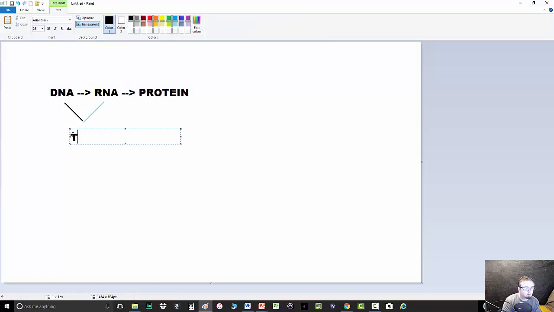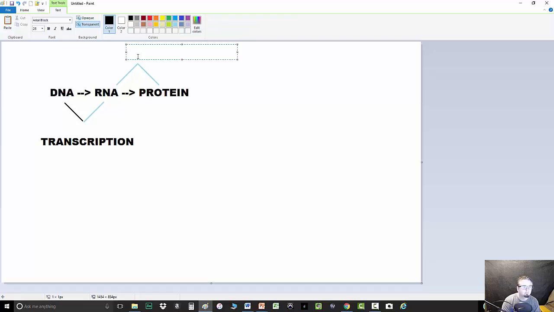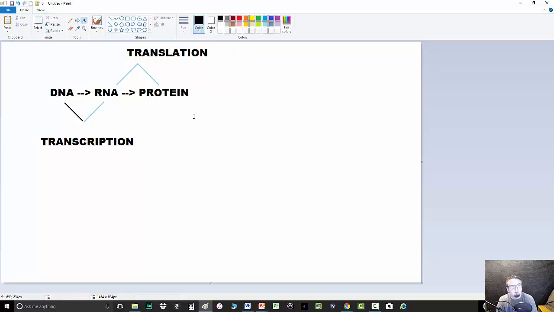That is what we call transcription. Converting RNA into protein is what we call translation. So really, the two key parts of the central dogma can be described by these terms here.